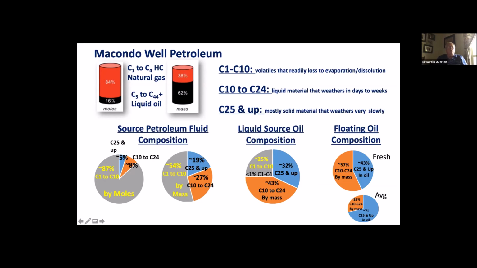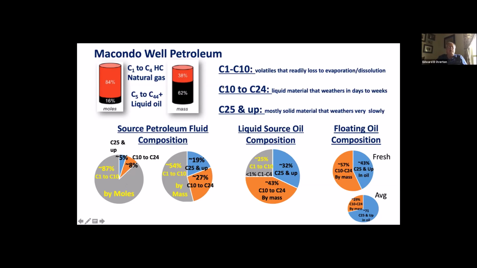Of course, this liquid oil is made up of bigger molecules, so it weighs more. And so on a mass basis, the Macondo fluid was 38% natural gas, 62% liquid oil. If you look at that on a pie chart down here, on a molar basis, the gray shows the amount of natural gas.